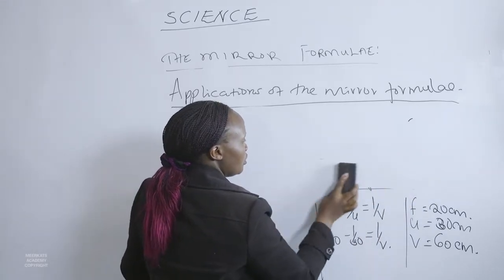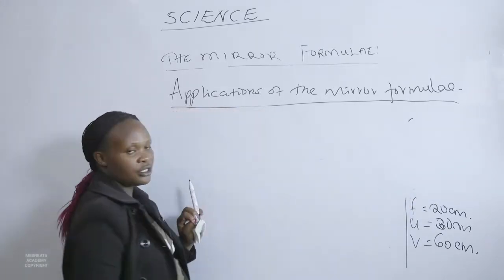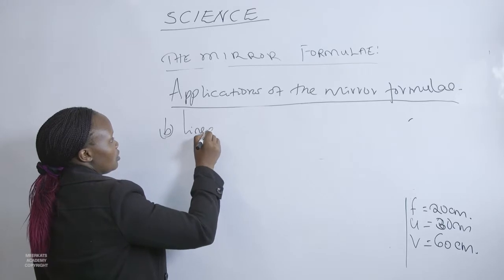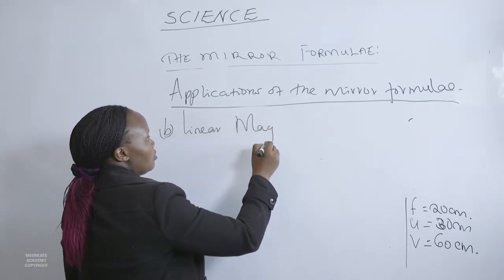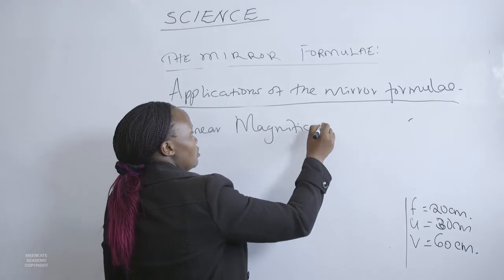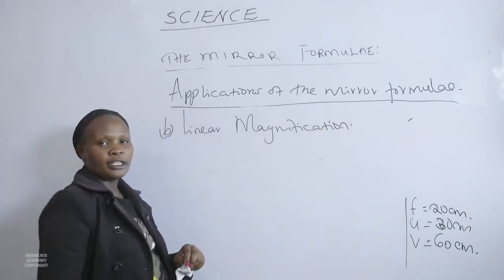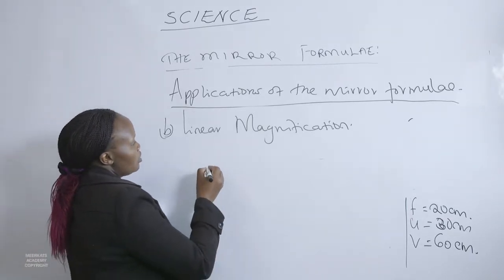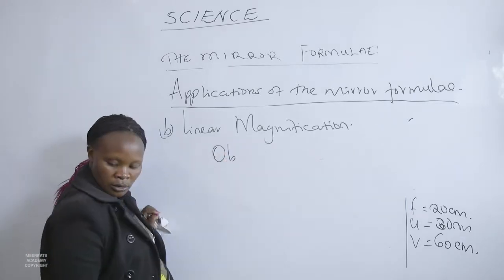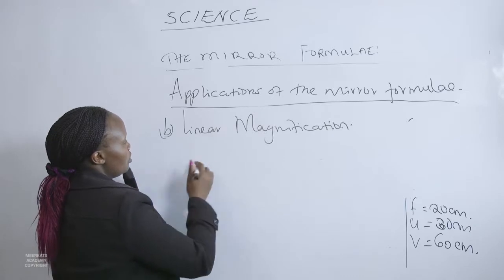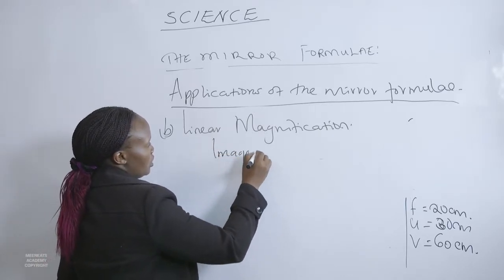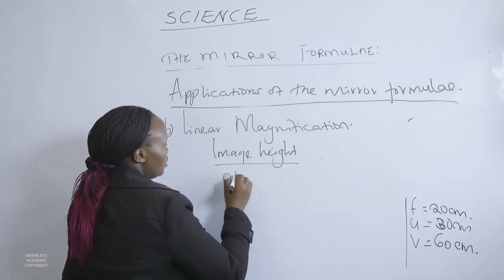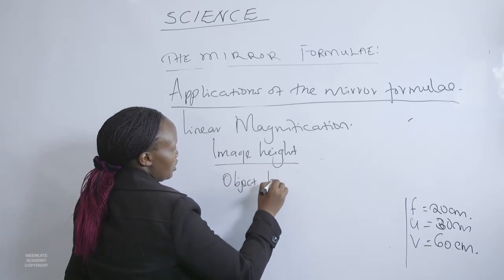is part 2 of the question, which requires us to get linear magnification. And in our previous lesson, we were able to establish that linear magnification is actually given by image height over object height.